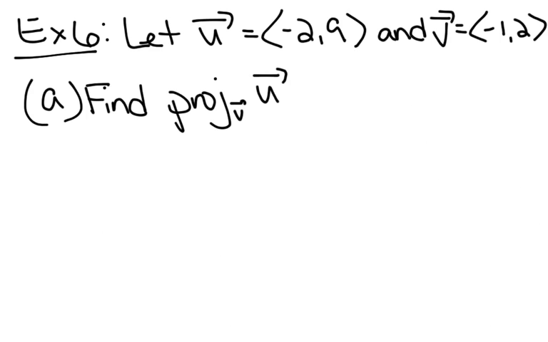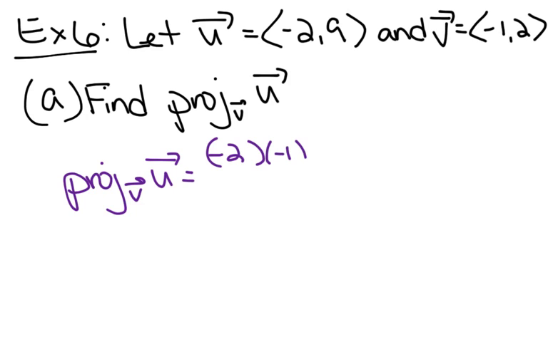All right, let's do a simplistic example where we're going to find the projection of u along v. Vector u is negative 2, 9. Vector v is negative 1, 2. We said in order to find the projection of u along v, we're going to start by taking the dot product. So the projection of u along v is going to be negative 2 times negative 1 plus 9 times 2.